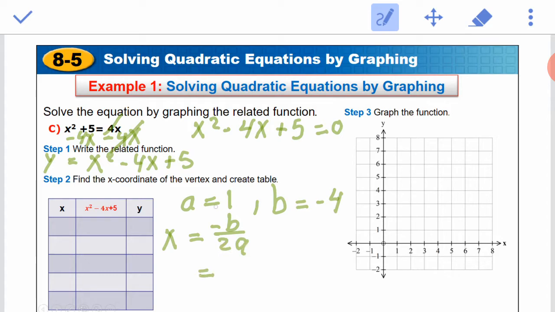If you insert those numbers in this formula, -b is going to be -4, negative is going to be positive. 2a on the bottom, 2a is equal to 2 times 1, so it's going to be 2. 4 over 2 simplifies to 2. I'm looking for that beautiful x value in order to place it in the middle of the table, and 2 values before, 2 values after. 2 values less than 2 are 1 and 0. 2 values greater than 2 are 3 and 4.